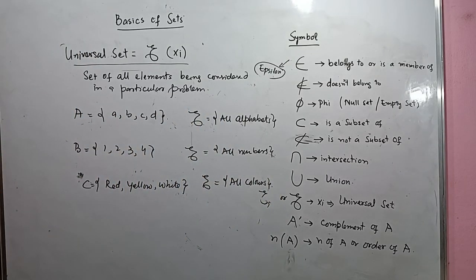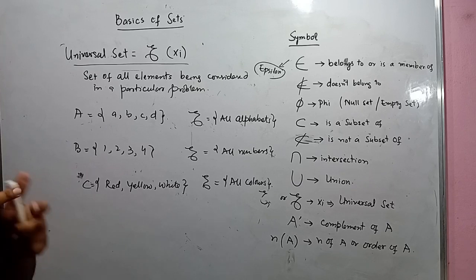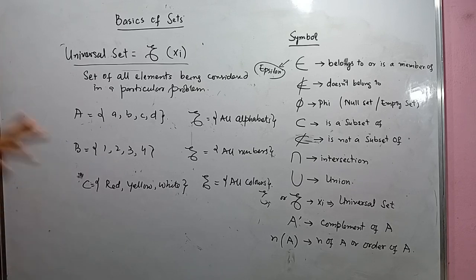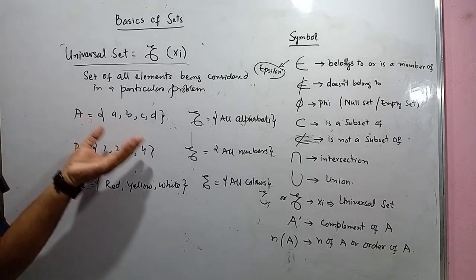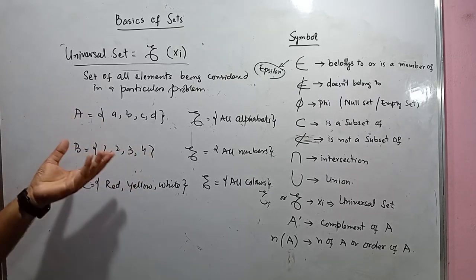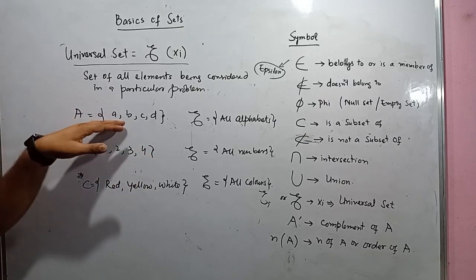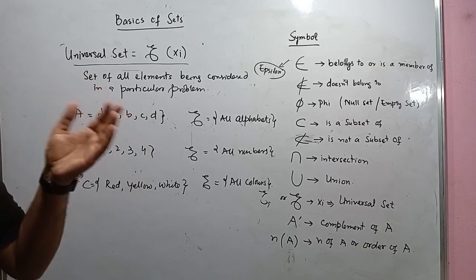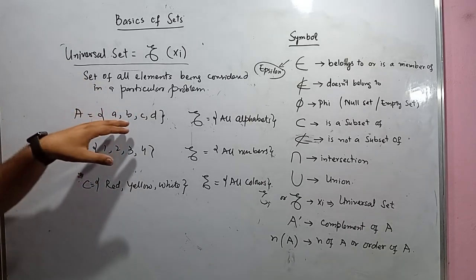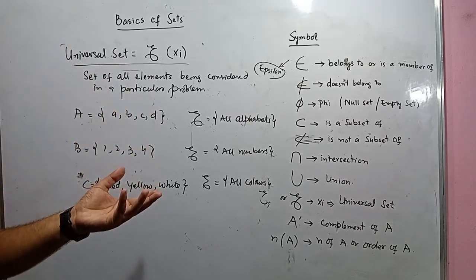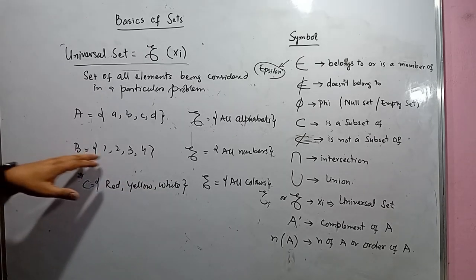So what actually is the universal set? Sometimes the universal set will be given in the question. In that situation we have to consider that universal set. But sometimes the universal set is not given in the question. Here A is equal to A, B, C, D. Here the universal set is all letters of the English alphabets. Here B is 1, 2, 3, 4.